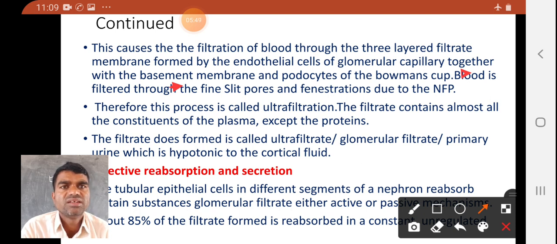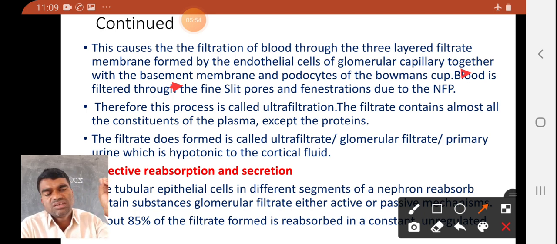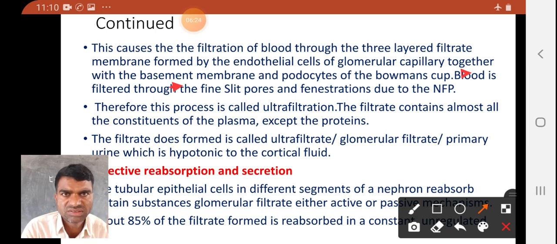NFP means net filtration pressure. When filtering from the glomerulus to the Bowman's capsule, with the help of podocyte cells, it is filtered through the fine slit pores and fenestrations due to the NFP. In this layer there are different types of cells: endothelial cells of the glomerular capillary together with the basement membrane and podocytes.